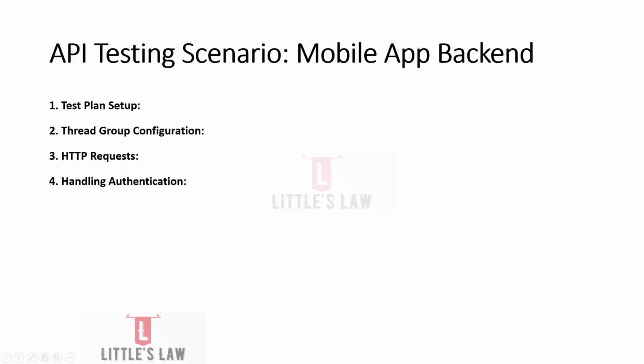Then coming back to the fourth activity, which is the handling authentication. So if the APIs require authentication, we will need to deal with tokens or headers, and here is how we can handle it. So for the very first scenario, we have to log into the request, where we create an HTTP request sampler for the user authentication endpoint, and we have to set the method to POST and provide necessary parameters.